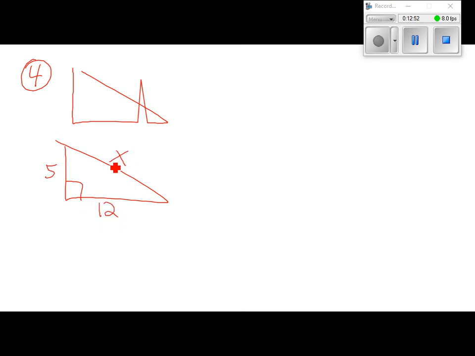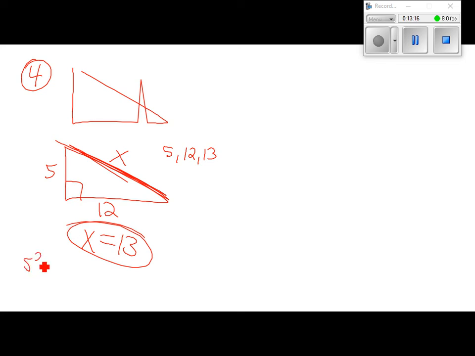We could use Pythagorean's theorem on this one, but an easier way to do it is if you realize this fits in that 5, 12, 13 family. So the hypotenuse here, where x is, has to be 13. If you wanted to set up Pythagorean's theorem, that'd be fine. You just set up 5 squared plus 12 squared, because they told us the two legs, equals c squared, and you solve that.